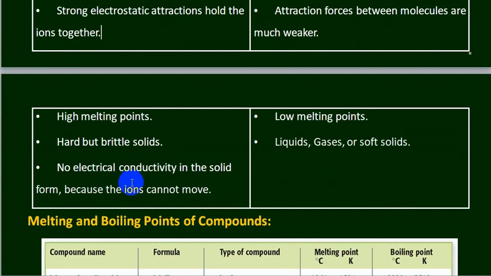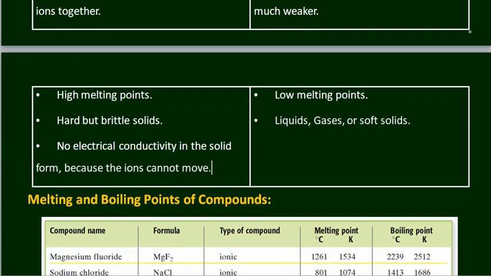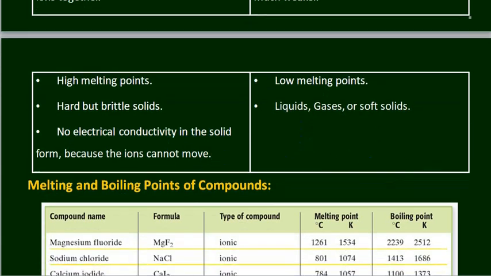But if you dissolve it in water, it will conduct electricity because in this case the ions can move. Molten sodium chloride also conducts electricity because the ions can now move. While in the solid form, there is no electrical conductivity. Molecular compounds are also insulators.